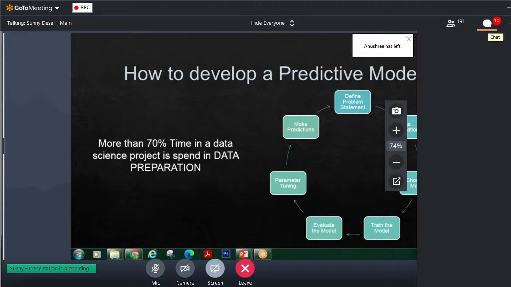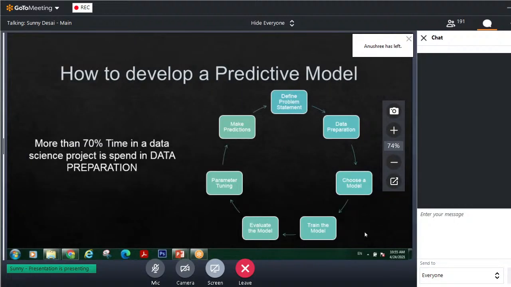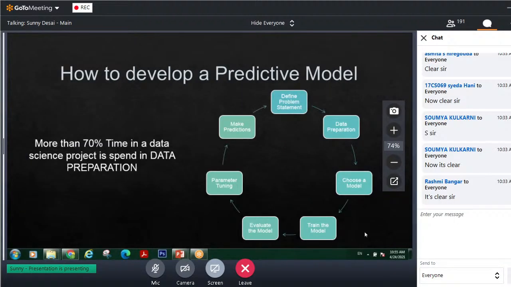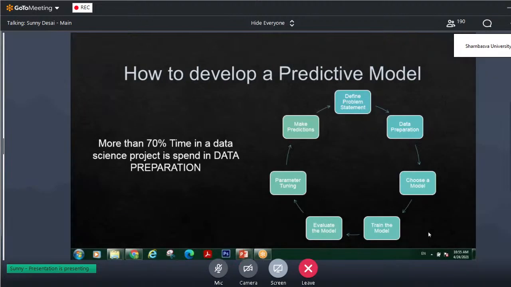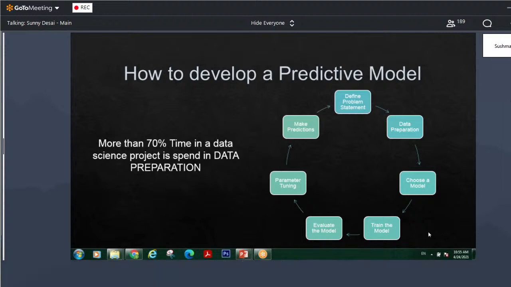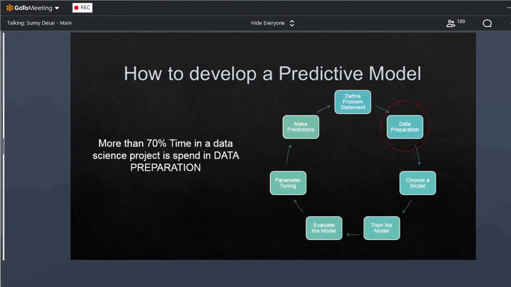It starts from defining the problem statement, then preparing the data, choosing the right model, training the model, evaluating the model, parameter fine tuning, and making predictions. Now, we started the topic with statistics. So, we are going to learn about statistics first before we go into machine learning. And I want you to understand why we are studying statistics. If you look on your screen, statistics plays a key role in preparing the data.